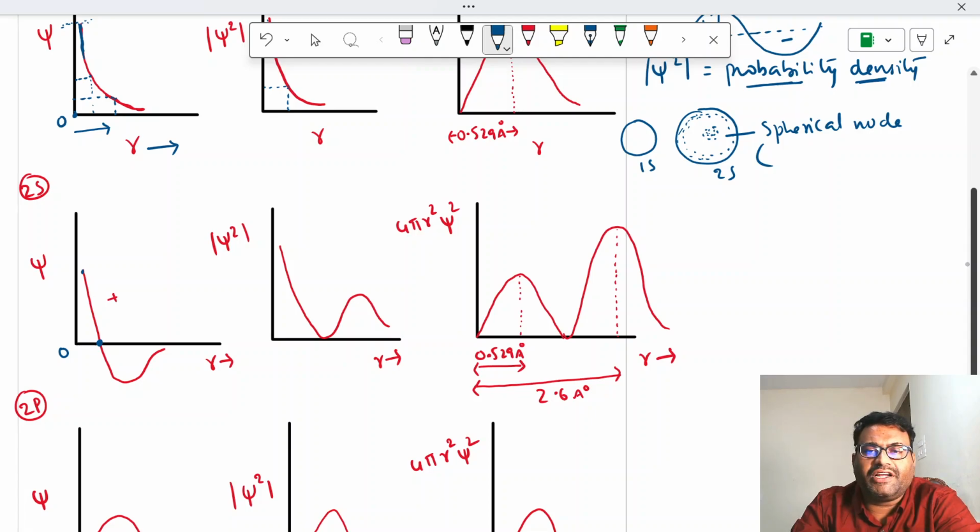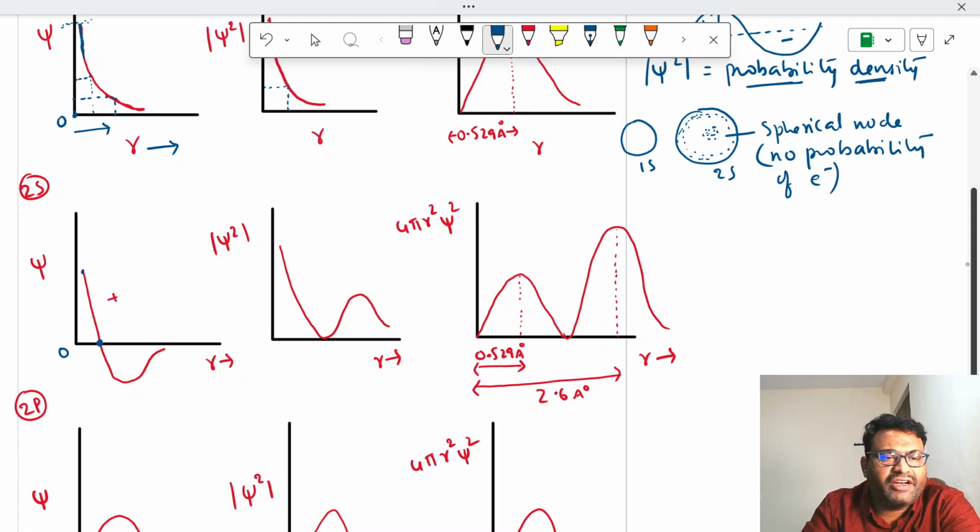The spherical surface where there is no probability of finding the electron is called a node. See here, when this graph intersects the x-axis, that point is called a node.